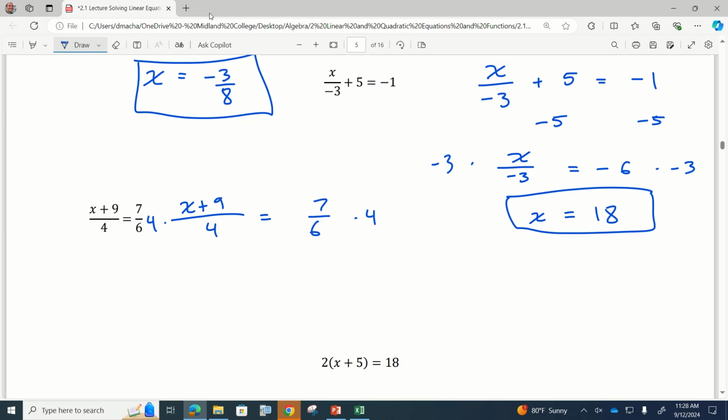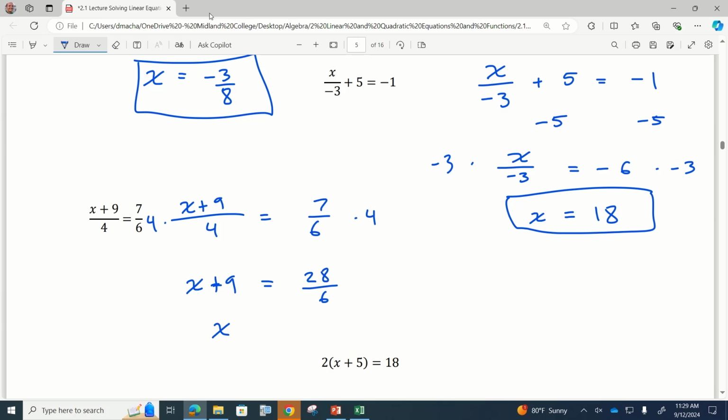Could you also multiply both sides by 6? I mean, you could. It would keep the equation balanced as long as you do the same thing to both sides. So that works. The 4's cancel, and I get x plus 9. And on the right side, 7 times 4 is 28.